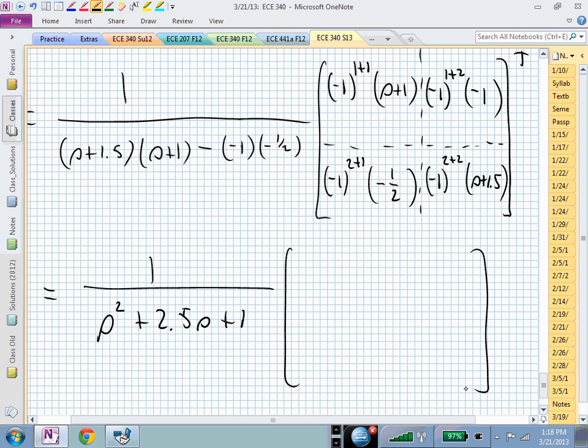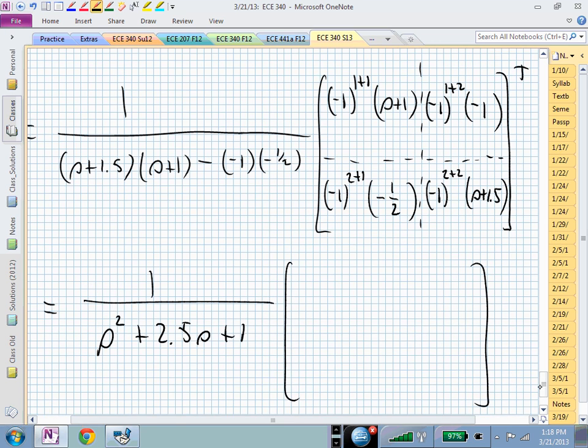And now over here, the diagonal pieces, when I transpose that matrix, they don't move, do they? And they don't get scaled by a negative number because they're 1 plus 1 and 2 plus 2. That's -1 to an even power. This is pretty easy then. S plus 1 and S plus 1.5. The off diagonals will change.